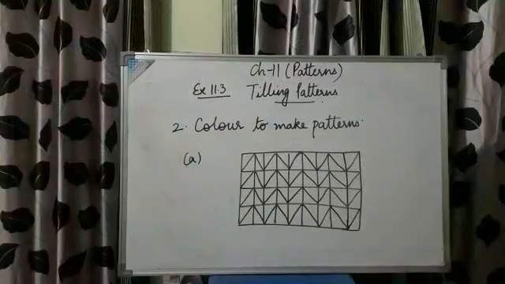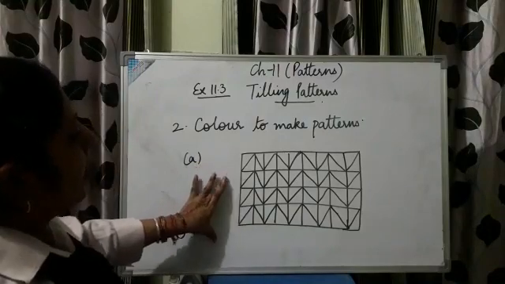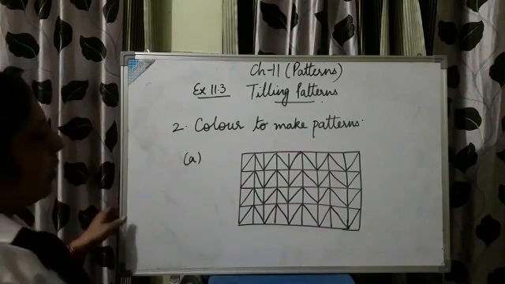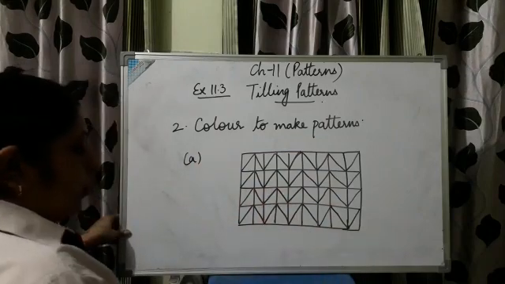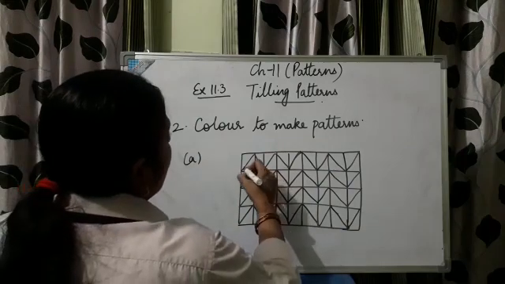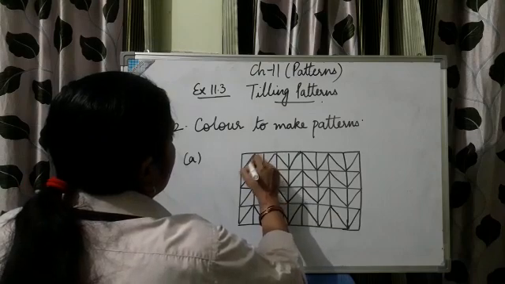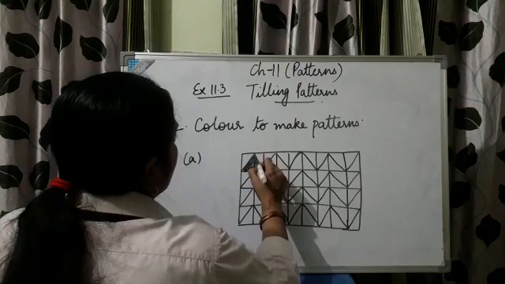Question number 2, I am doing the A part. Here you have to color this figure in such a way that it looks like a pattern. In the book also it has been given. I am doing the other way. If you color these triangles alone, then also they resemble a pattern like this triangle here.